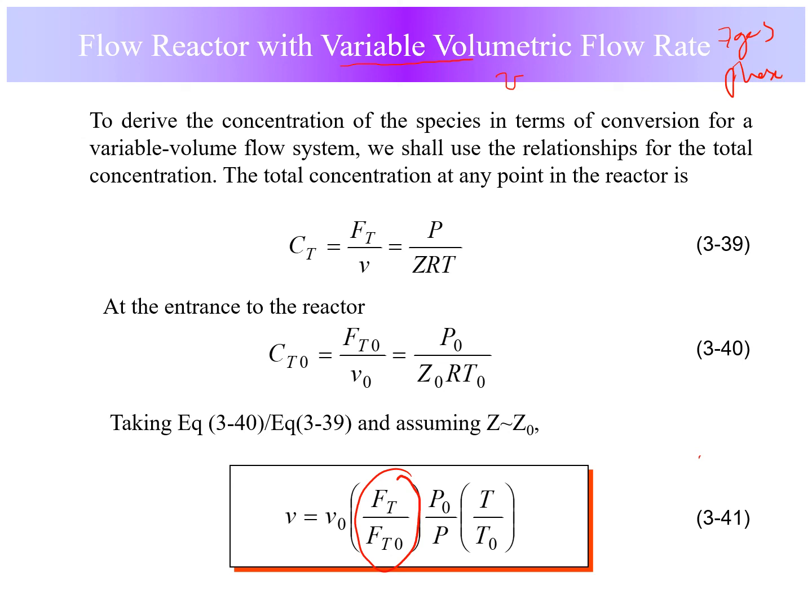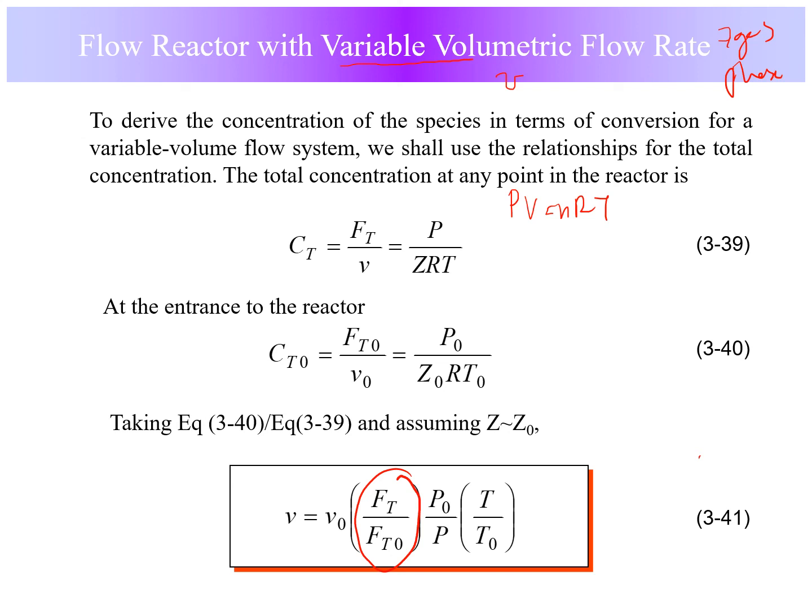So to derive the concentration of the species in terms of conversion for a variable volume flow system, we shall use the relationship for the total concentration. The total concentration at any point in the reactor, at any time, is C_T equal to F_T over volumetric flow rate, equal to P over ZRT. How do you get this? Because we have PV equal to nRT.